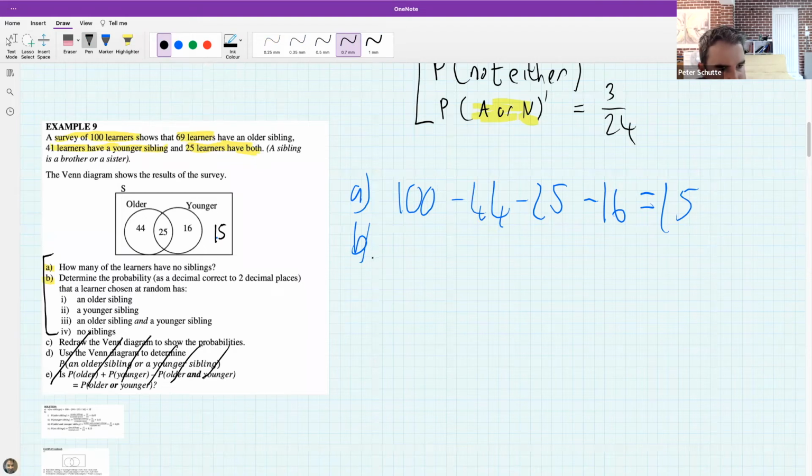What about determine the probability of an older sibling? So what is the probability of O? What is the probability of Y?